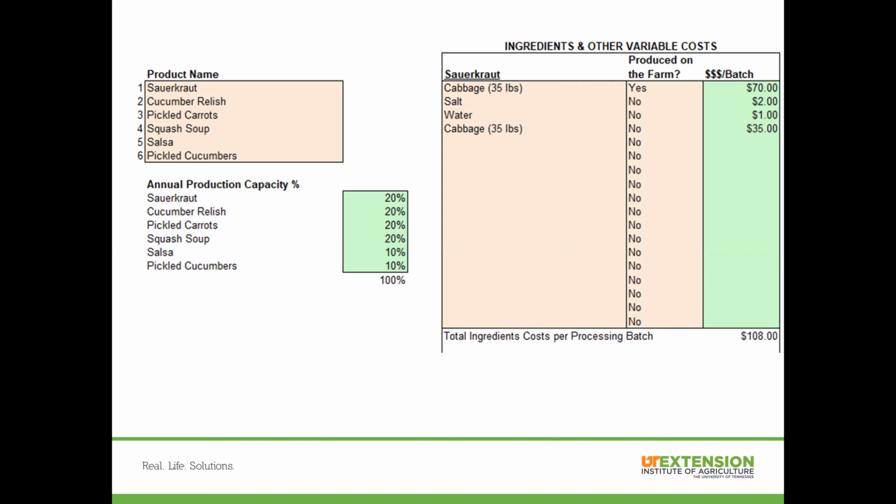You're going to want to submit each recipe of each product that you're going to make and get that approved as well. And you can do that through University of Tennessee. Our food science department can assist you with getting that recipe tested and approved.